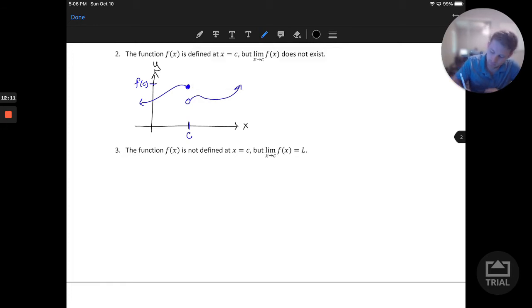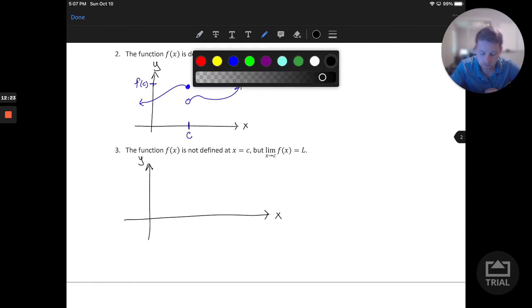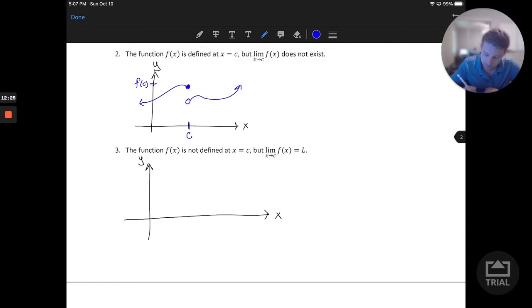Again, we'll just do a little sketch to start off with. And one way we can describe this is at a point, again, c, we are not defined, so maybe we could draw an open circle. We're undefined there.